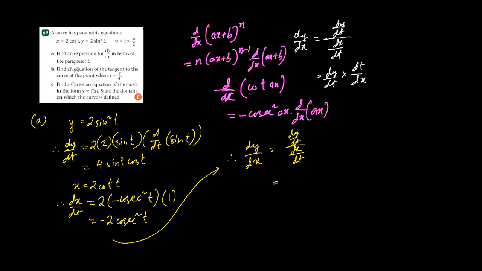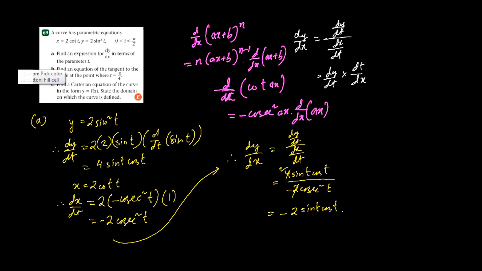So dy by dt is 4 sine t cos t, and dx by dt is minus 2 cosec squared t. So the 2 and the 4 cancel, giving 4 divided by minus 2, so we have minus 2. So we have sine t, we have cos t, and this cosec squared downstairs.